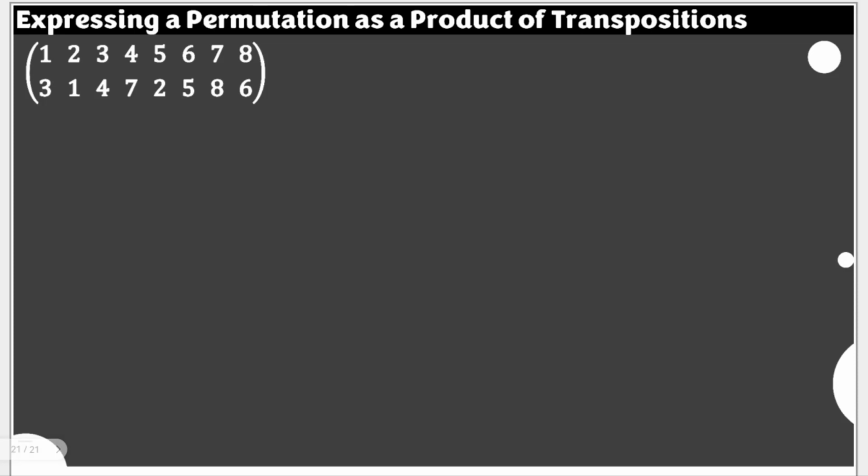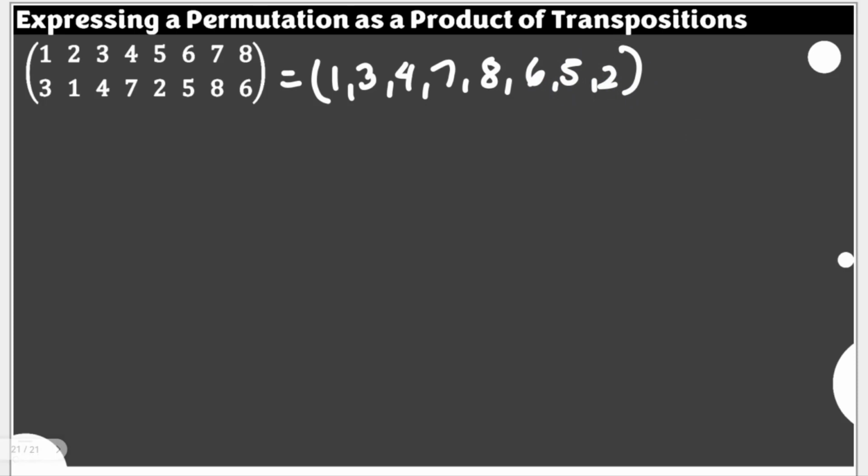This given permutation, in a separate video, we already identified as a cycle in itself, because it can be expressed in this manner: 1, 3, 4, 7, 8, 6, 5, and 2. This is a cycle because we only have one orbit that has more than one element.